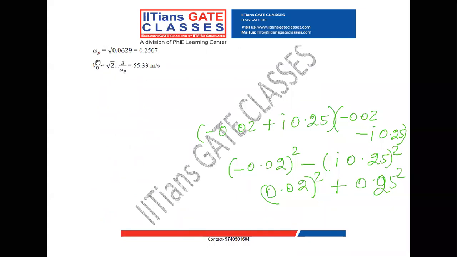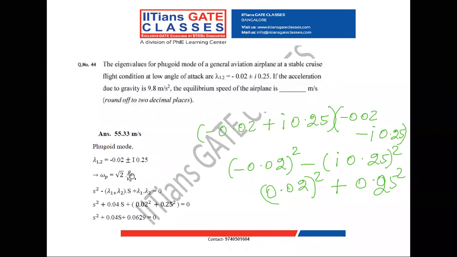So from this, the natural frequency of the phugoid motion can be obtained as the square root of 0.0629. How it is obtained: s square plus 2 zeta omega n s plus omega n square is equal to 0.